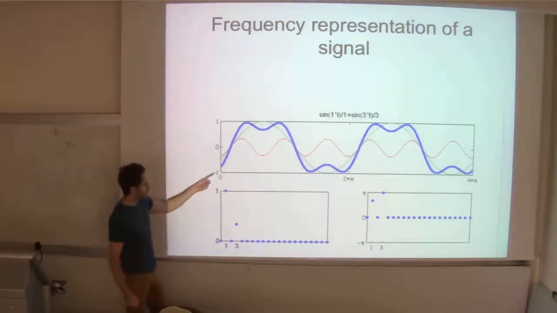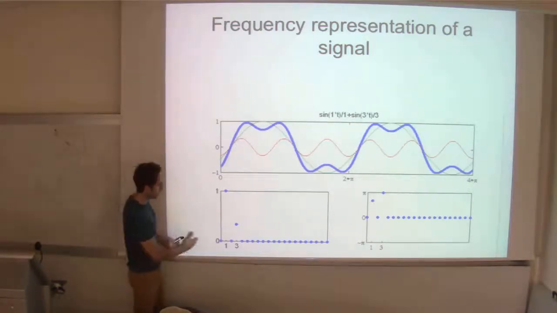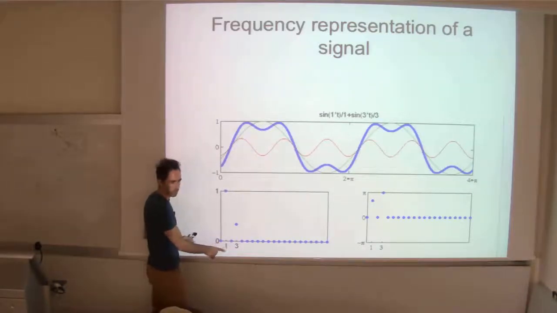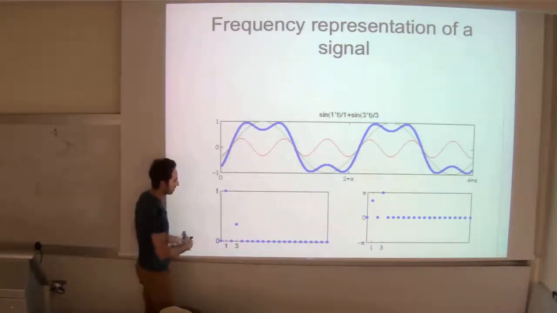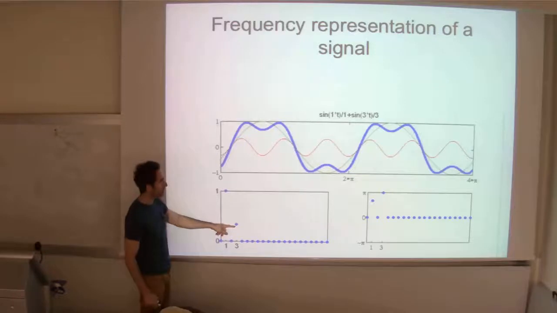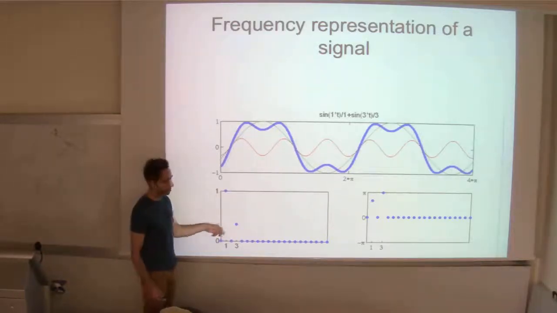Now if we look at the frequency descriptors of these signals, we will see that there is a new entry. The new entry is on frequency 3, and it has some amplitude. We can see the amplitude of the red signal is indeed lower than the green one.